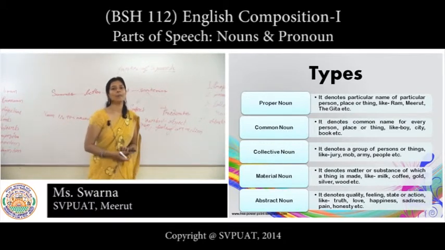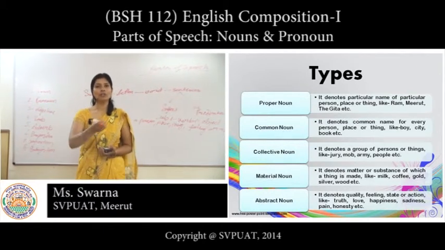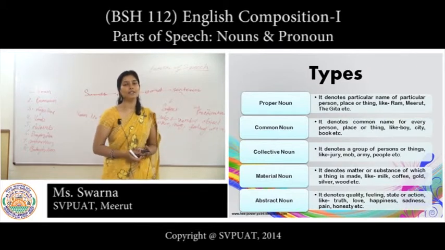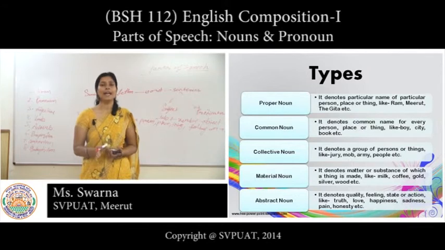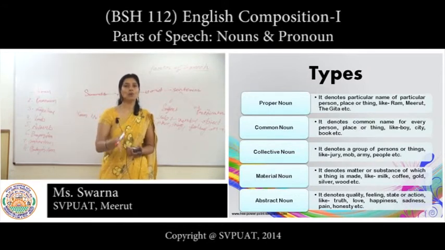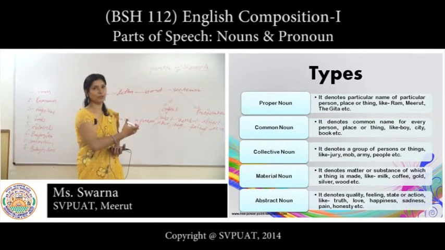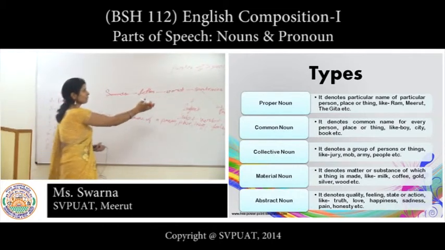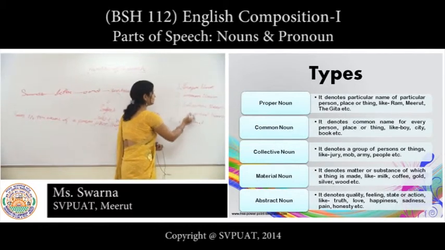There is a topic in your syllabus, spotting error and editing, and without the knowledge of parts of speech and their usage in a sentence, you can't find out the errors in a sentence and you can't edit those errors. So first you should know about the meaning and the usage of these parts of speech. So let's start with noun, and there are 5 types of noun: proper noun, common noun, collective noun, material noun and abstract noun.